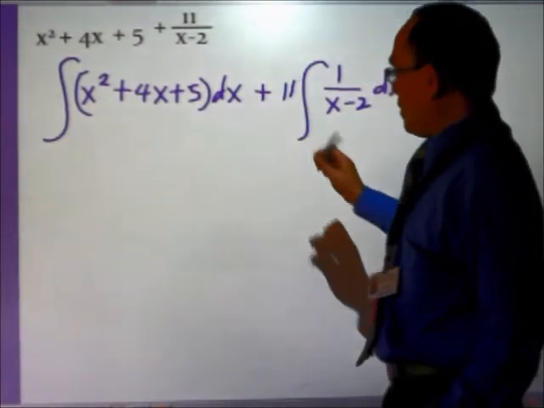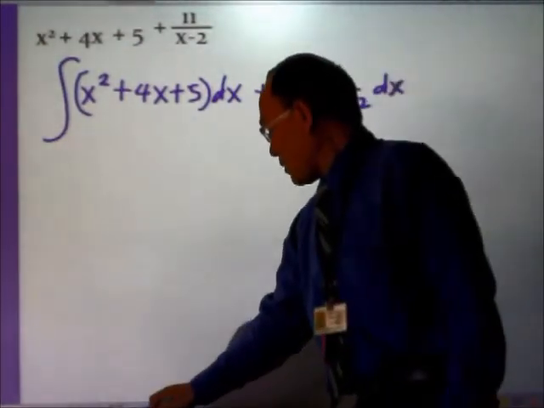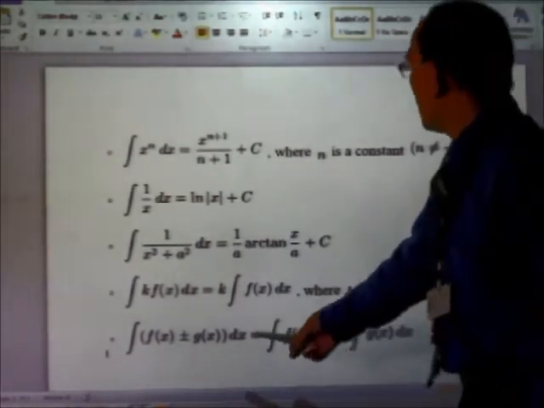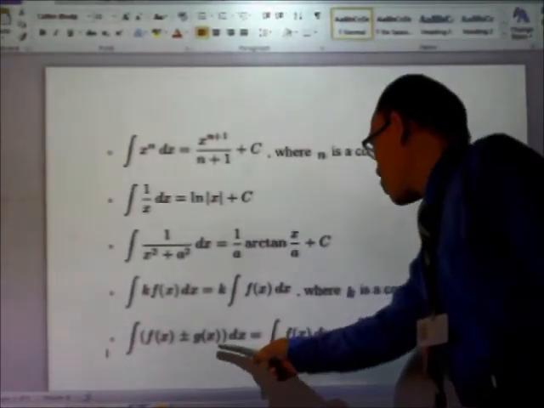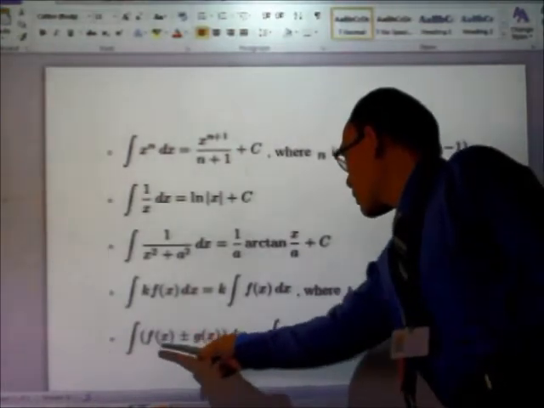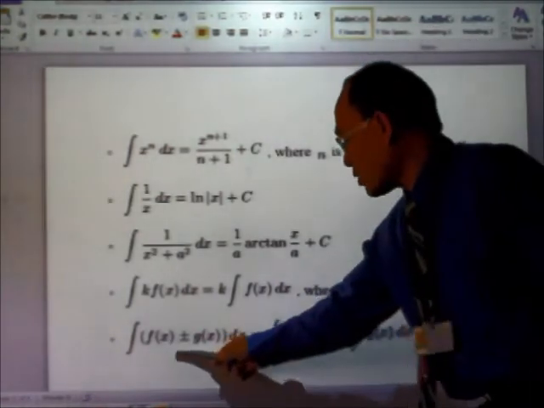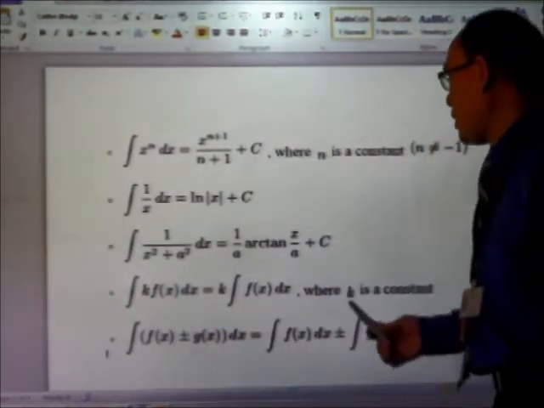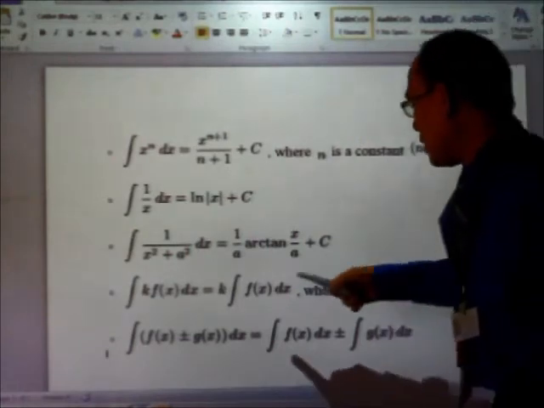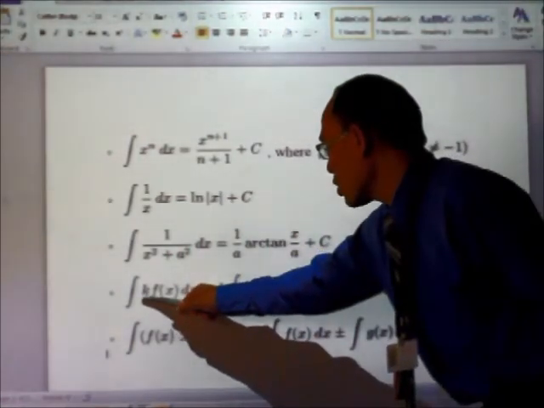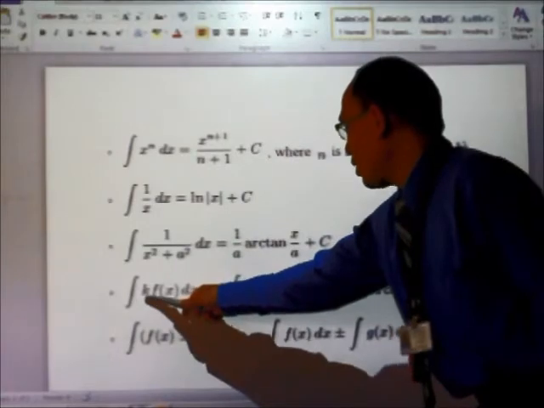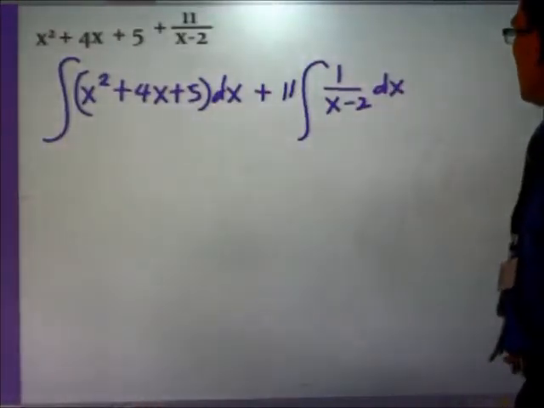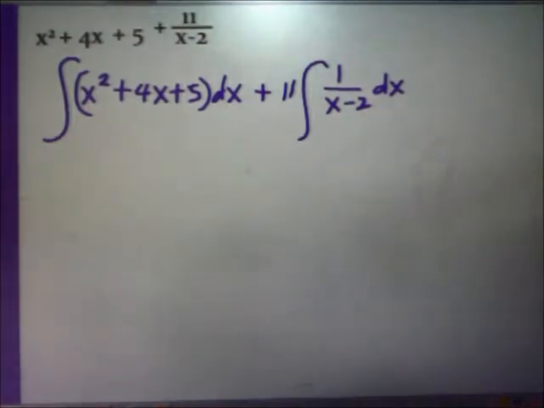That is in accordance with this rule here. The last one, we can break up the sum or the difference of two functions, and when I pull up the 11, it is in accordance with this one here, that if we have a constant, we can pull it up front. Okay, so now we are ready.